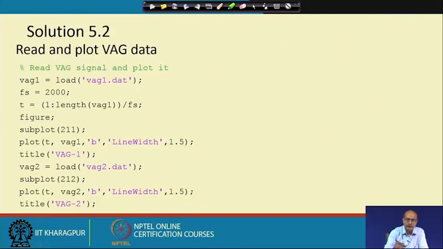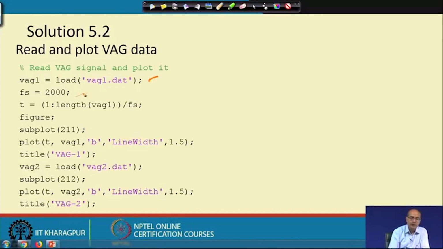Next, we load the first signal, VAG1.dat, and we note the sampling frequency, that is 2000 hertz.